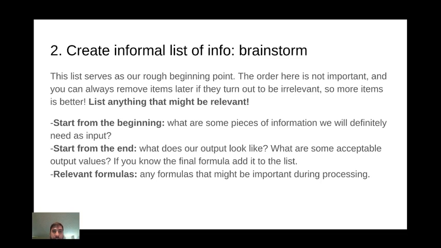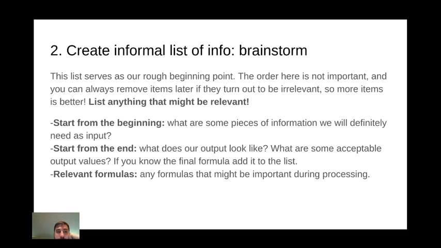This is kind of like the frontier, right? We don't even know where to start. Let's just start throwing things down. There are some strategies here for this. It always helps to be thinking input, processing, output. So you could start from the beginning and just be thinking, okay, what are some pieces of information that we'll definitely need as input? Like in order to solve this problem, I would need to know this thing, right?